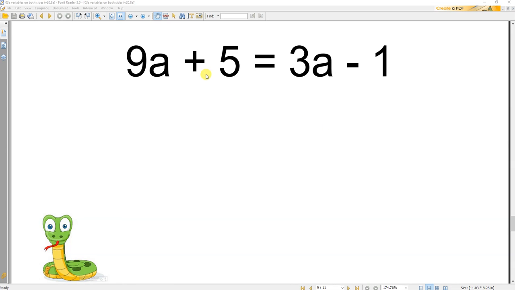Where am I at? So I'm going to subtract. Let me change my line width, and there we go. I'm going to start by subtracting 3a from both sides, minus 3a.